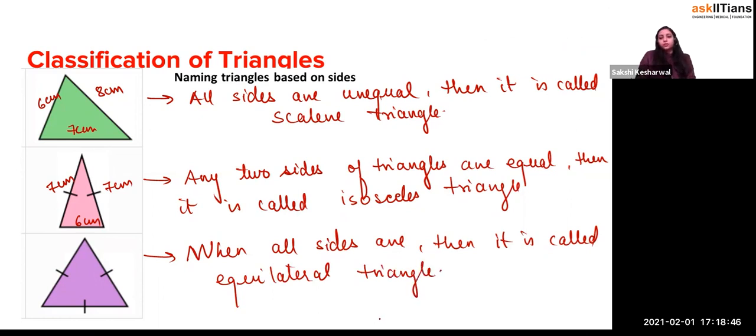Right? Equilateral triangle means all sides are what? This is 5 centimeter, this is 5 centimeter, and this one is also 5 centimeter. Right? So we have learned that when all the sides are unequal, we say this is a scalene triangle. When any two sides are equal, we say this is an isosceles triangle. And when all three sides are equal, we say this is an equilateral triangle.